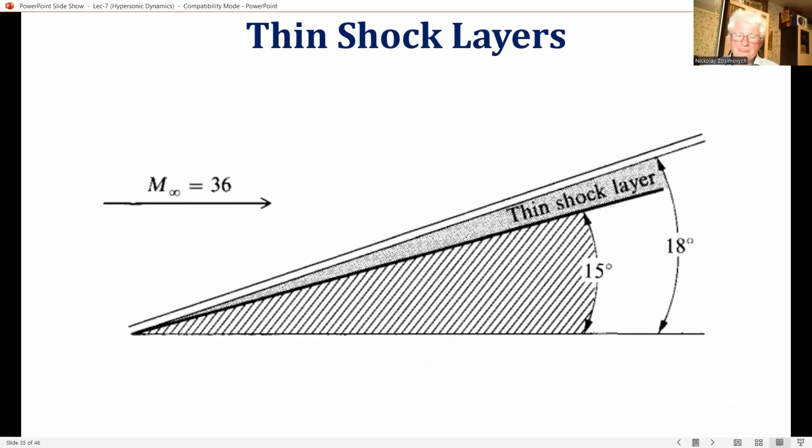In this module, the analysis developed by Maslen will be outlined as an example of a theory based on the assumption of a thin shock layer.